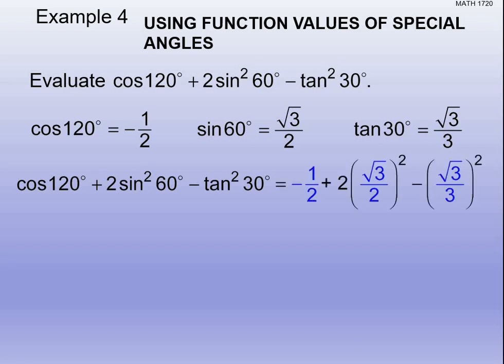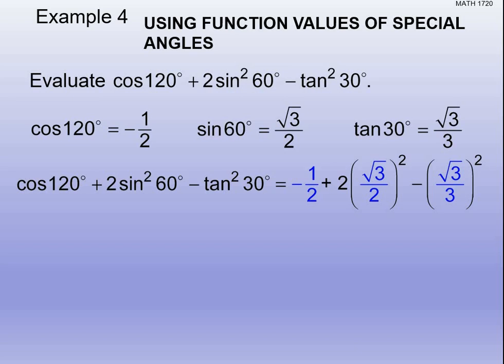Wherever there's a cosine of 120, I'm putting in the negative 1/2. Wherever there's a sine of 60, I'm putting in the square root of 3 over 2. And where there's a tangent of 30, I'm replacing that with square root of 3 over 3. Notice I have to keep the exponent, the squared, on the sine and the tangent, and notice the coefficient of 2 in front of the sine term.